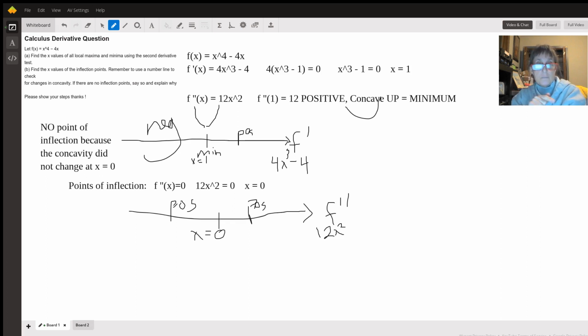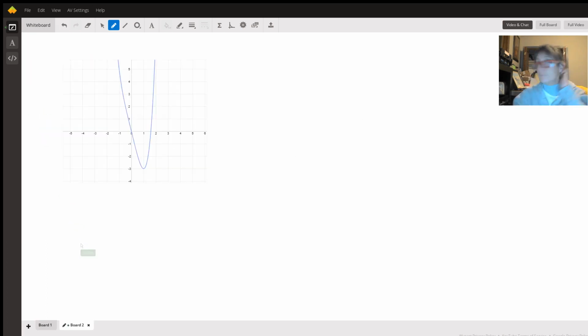Now, I graphed this because I want you to see why we're getting these answers. It's over here on board 2. This is that function, f of x equals x to the 4th minus 4x. Notice, let's make a vertical line here.